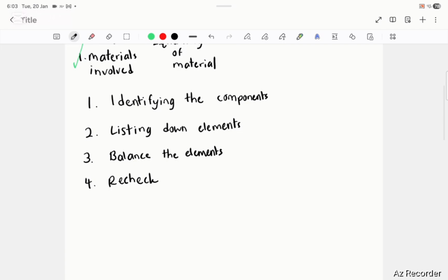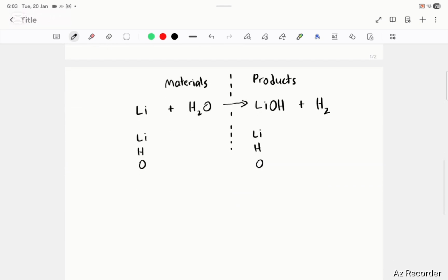So the third step is we begin balancing the elements. Let's observe this chemical equation right here. Now the goal of balancing chemical equations is to make sure that the number of atoms of each element is equal on the left side, the material side, and on the right side where we have the products.